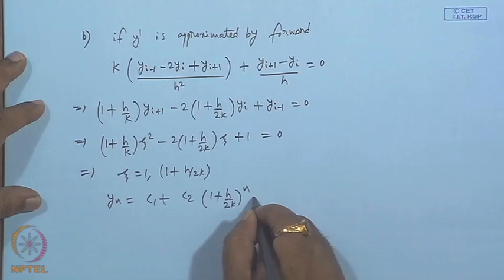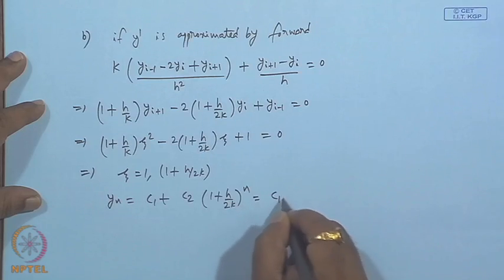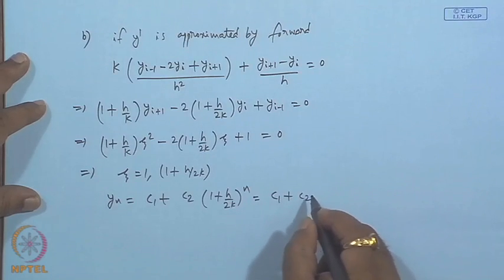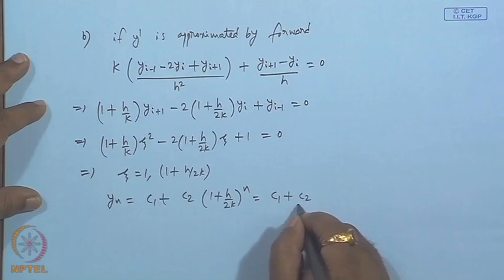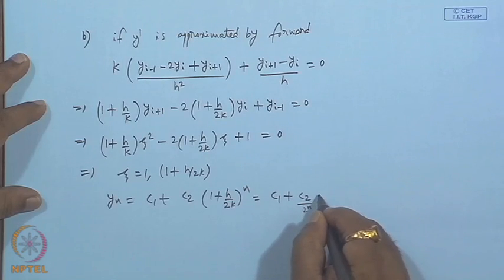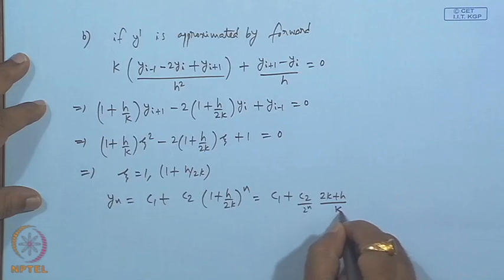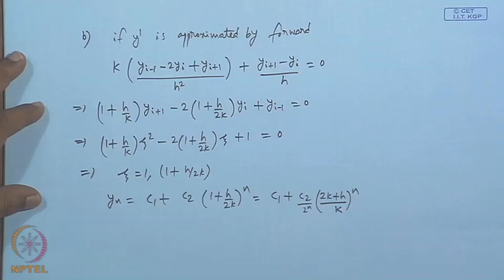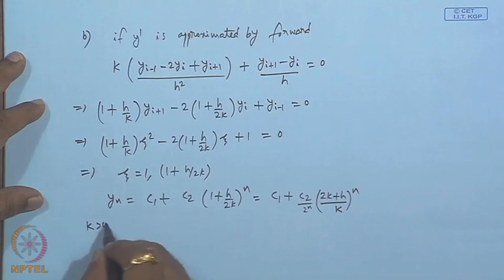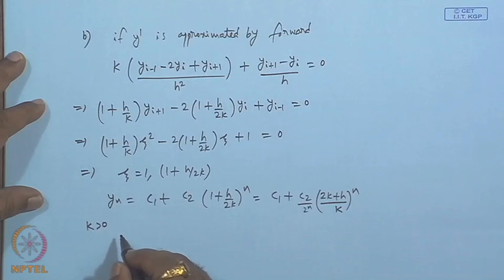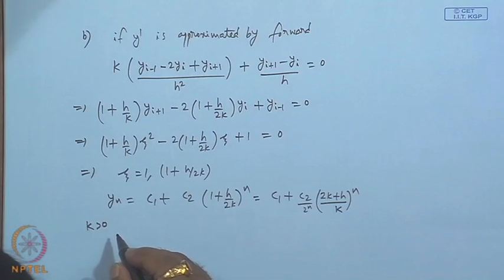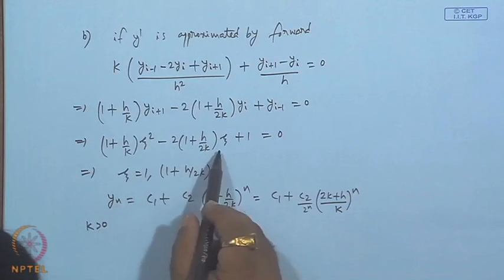So, this is, okay. So, now k greater than 0, k greater than 0. So, let us check the roots of this equation.